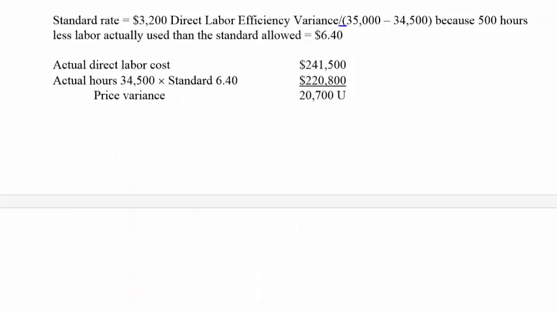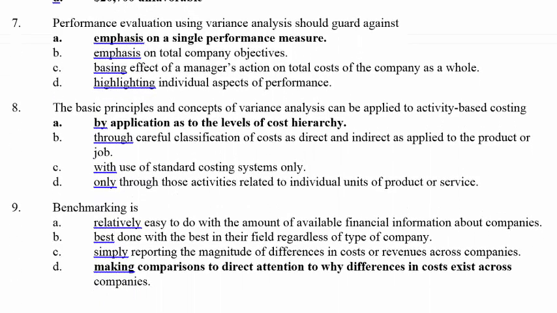All right, number 7. Performance evaluation using variance analysis should guard against emphasis on a single performance measure. Just like I mentioned earlier, just because we have a favorable price variance doesn't mean that we do not have to talk to our procurement people. Okay, they might have done a really good job at getting us a really good price, but cheaper is not always better, people.